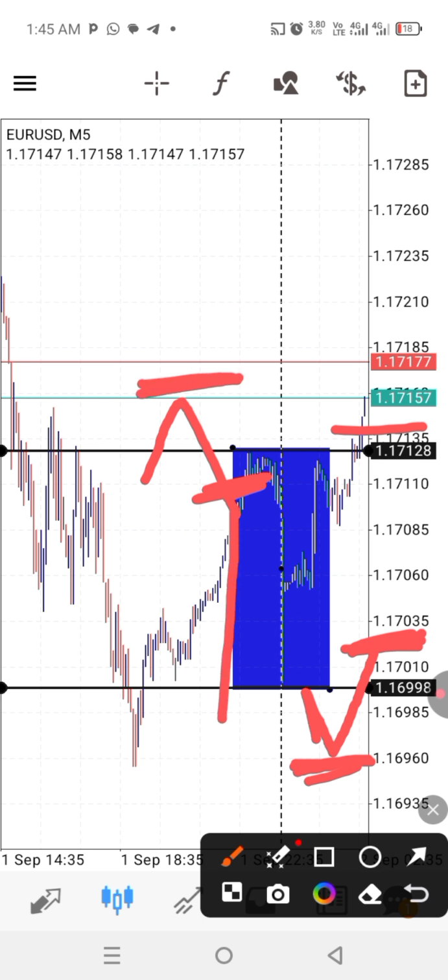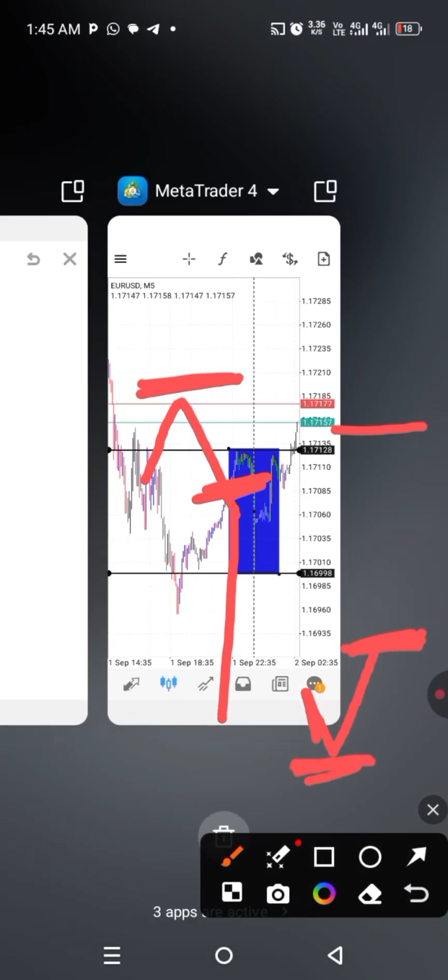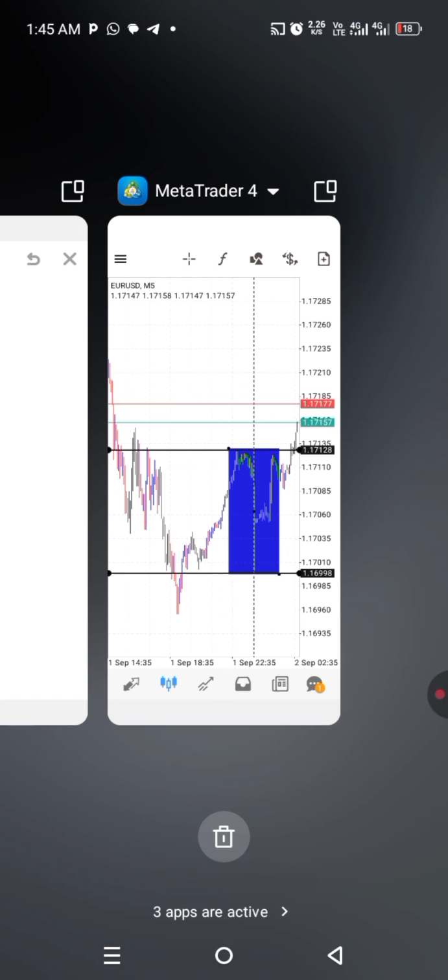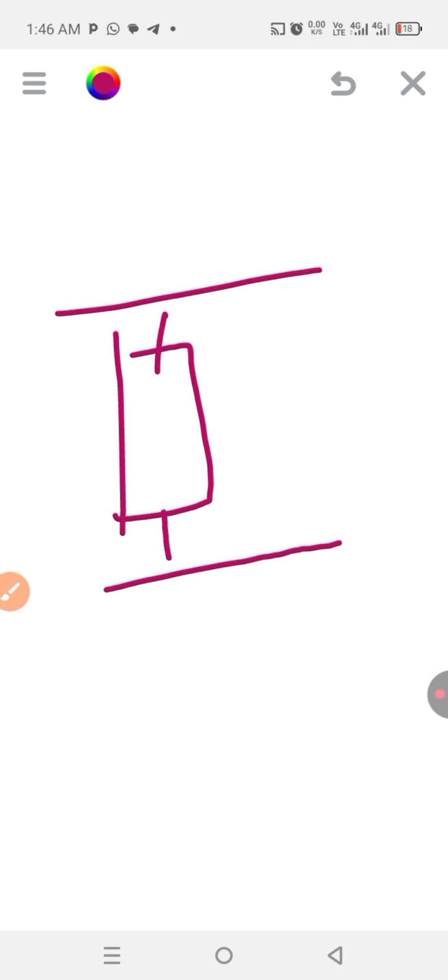So guys, this strategy is very simple. Let me just demonstrate what I'm trying to explain. So let's say this is the H4 candle, all right? You mark the low and the high. Then you switch to M5. On M5, you are going to wait for the market to break either down or up.